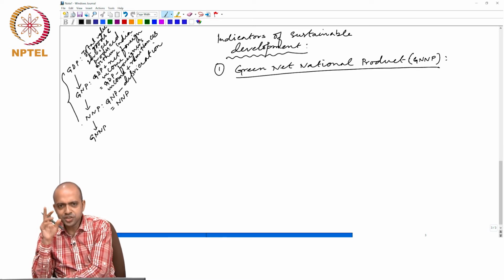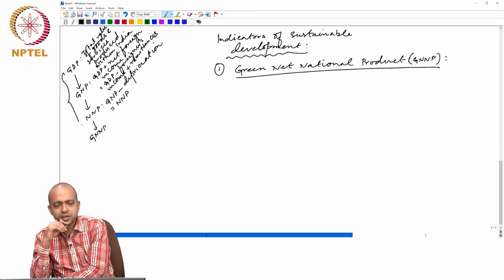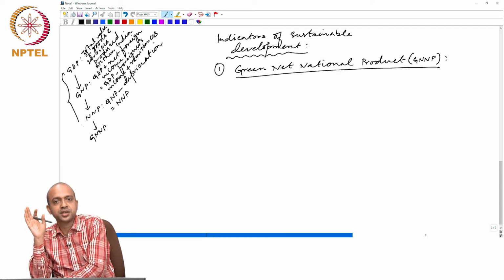And then a group of economists started thinking of revising it, because if we do not subtract the contribution of the environment that is already included in the nation's income measure, then that income measure cannot be used for measuring sustainability. Okay?